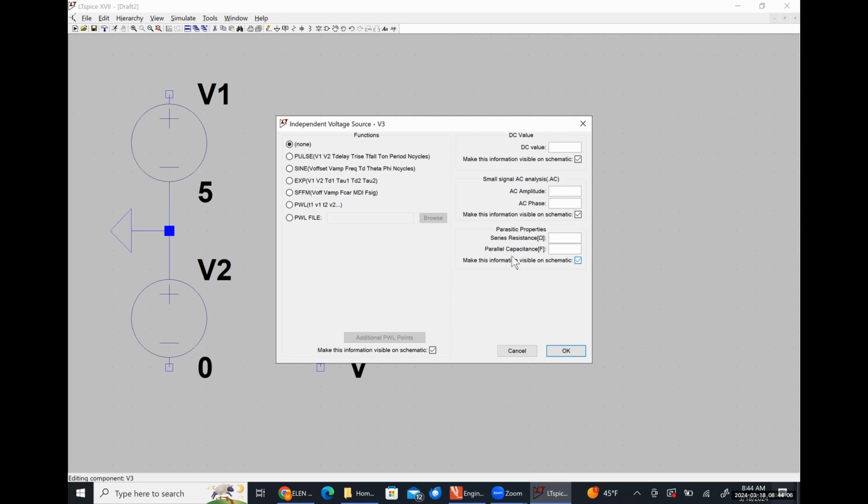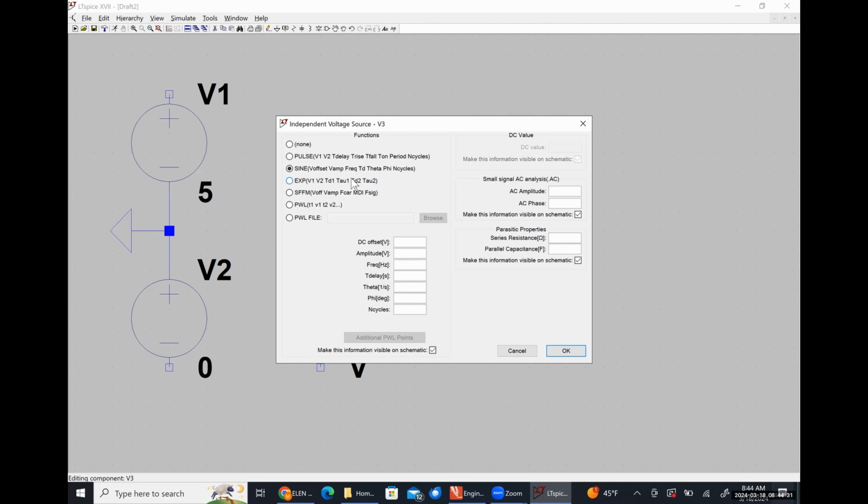So that seems like a pretty reasonable thing to do. So I'm going to come down here and I'm going to click on sinusoidal. I want it to range from 0 to 5 volts. So what should my amplitude be? 2.5, yeah.